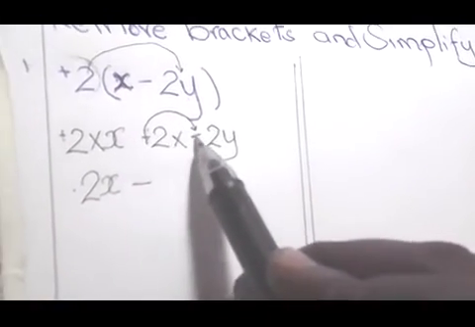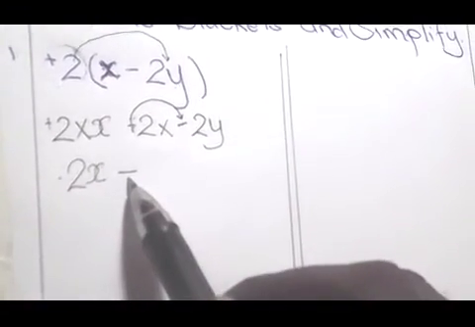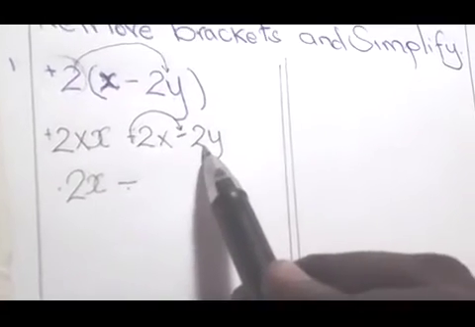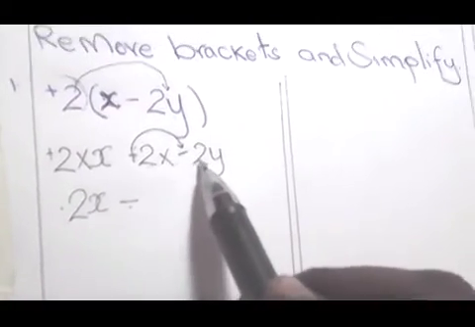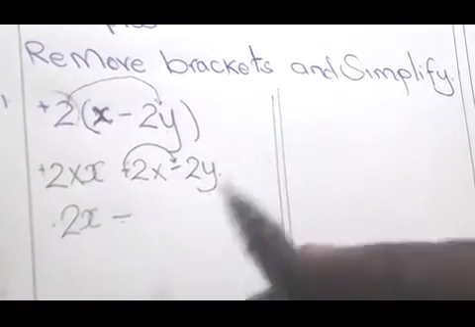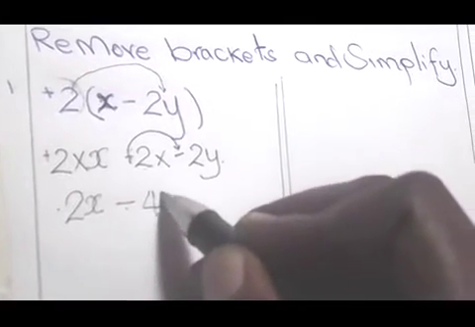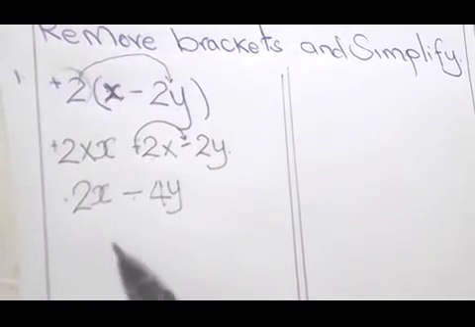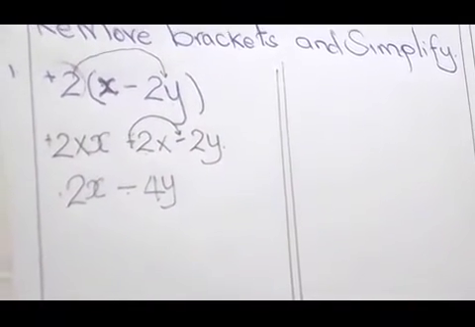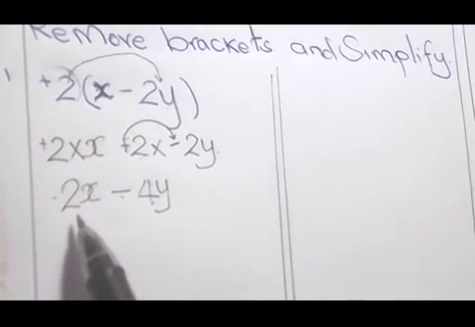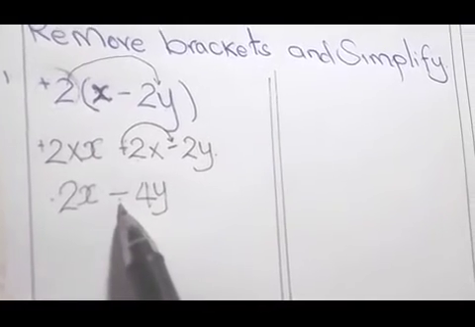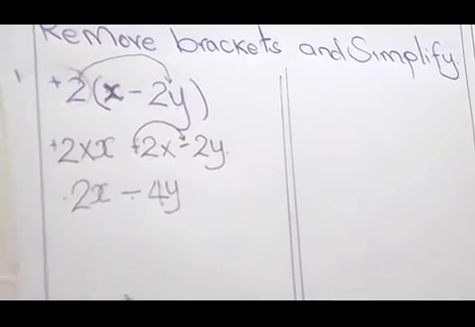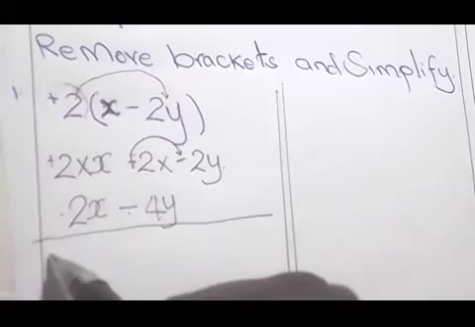Positive times negative is negative. Now multiply these terms. What is 2 times 2y? We get 4y. Therefore, we have concluded removing brackets, and we have 2x minus 4y, and that becomes our answer.